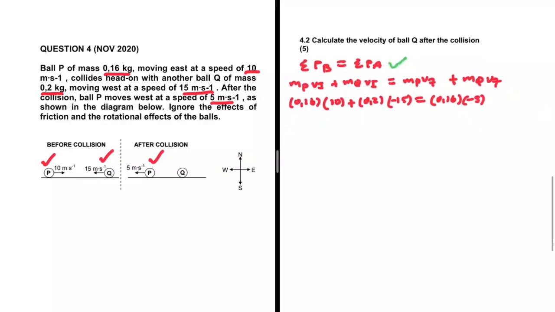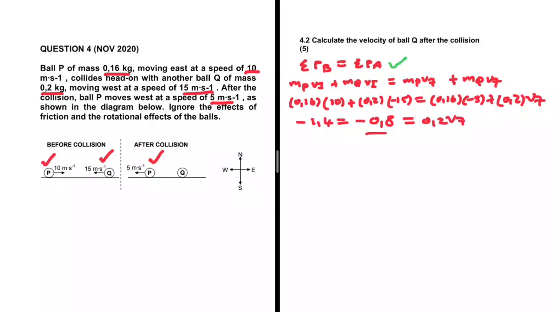So now let's move to the mass of ball Q. The mass of ball Q, it is 0.2, and we're interested in the final velocity of ball Q. On the left hand side, we're gonna have minus 1.4 being equals to 0.16 multiplied by minus 5, which will be minus 0.8 being equals to 0.2 VF.